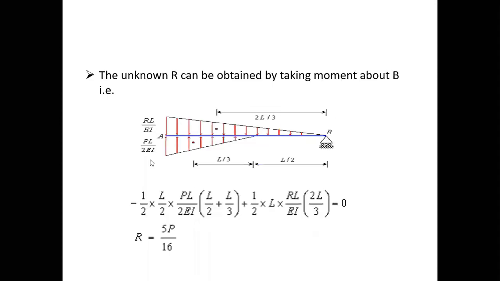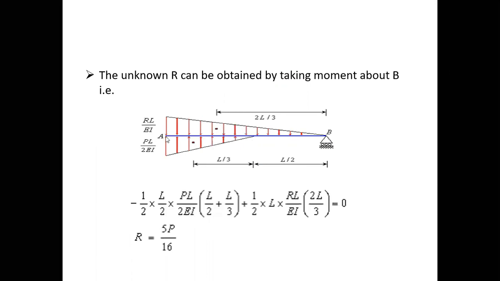Here we can see the calculation of how we got this. The unknown is obtained. In this case, to calculate the total loading, we simply take a moment at end B. The load value here is PL by 2EI, which is the height.